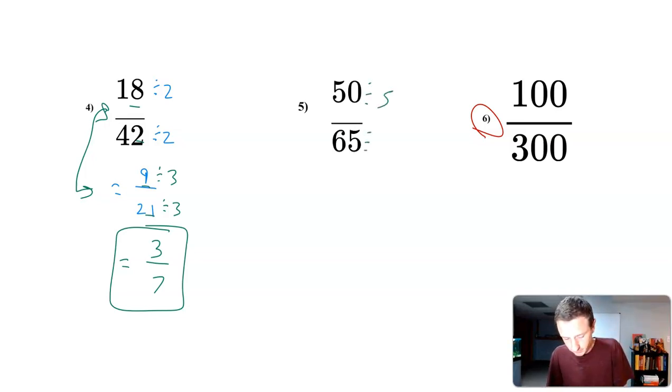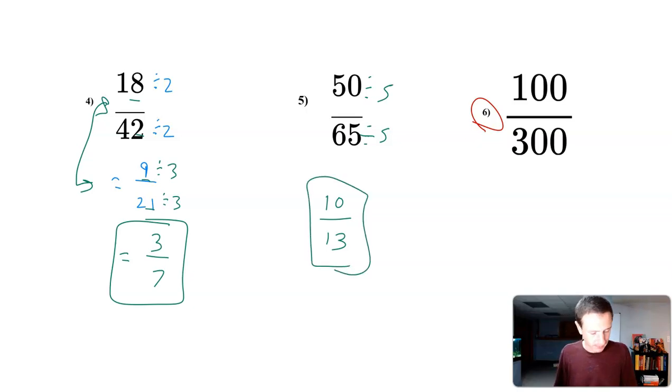Divide by 5. 50 divided by 5 is 10. And then 65 divided by 5 is 13. So then I get 10 over 13. And that's done. Can't do anything with that.